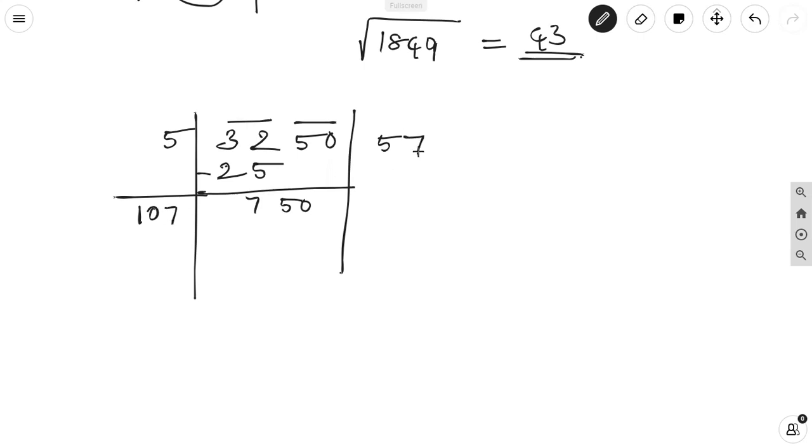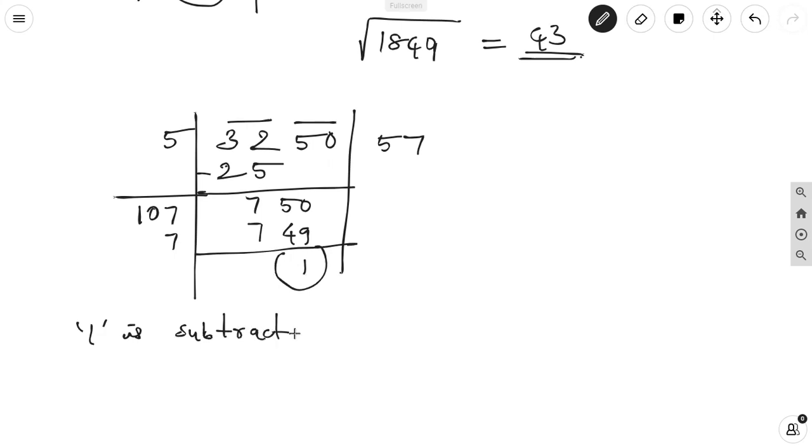We take the quotient number as 7. Then 7 sevens are 49. What is the remainder? 1 is the remainder. So 1 is subtracted from 3250, then we get a perfect square.